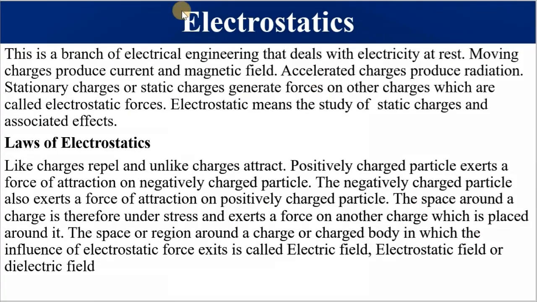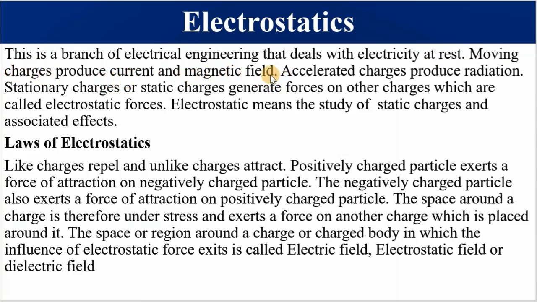You might have met this word during your high school physics or combined science or even extended science: electrostatics. What is electrostatics? You must be able to define it. It is defined as a branch of electrical engineering which deals with electricity at rest or static electricity. We have three types of electricity. One is caused by a moving charge, and it produces current and a magnetic field.